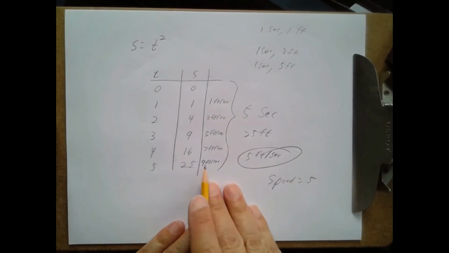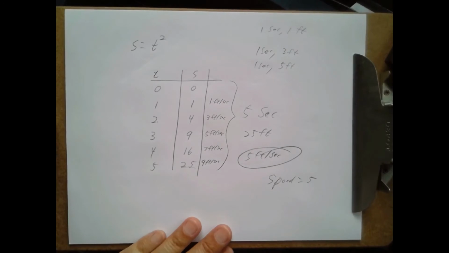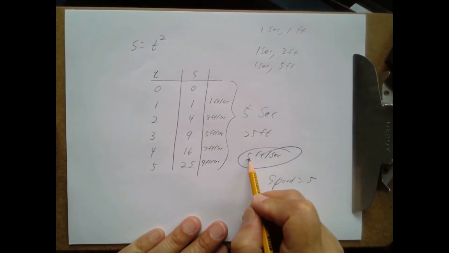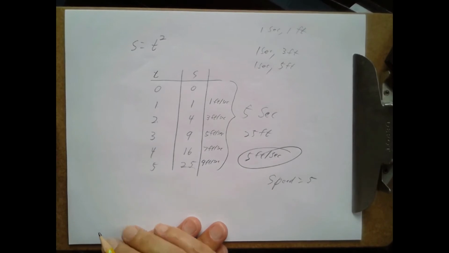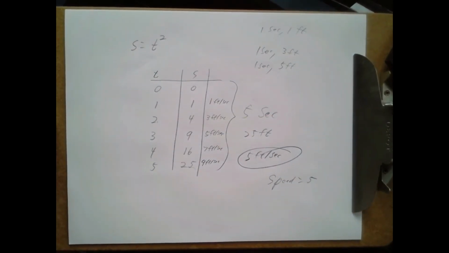If we were to take these averages, right, add these up and divide by 5, we would get 5 feet per second. Okay? So this is a good average figure, but we can see that sometimes the particle's moving slower, sometimes it's moving faster. So the question is, what actually is the speed of the particle?